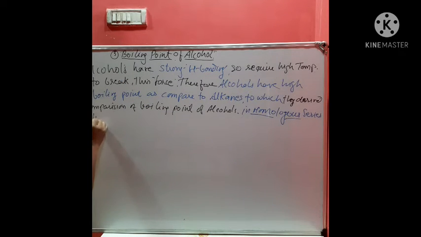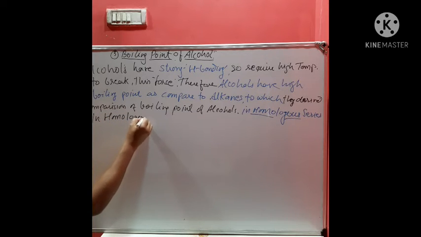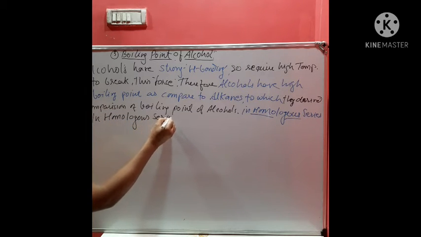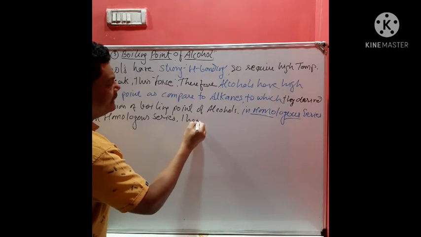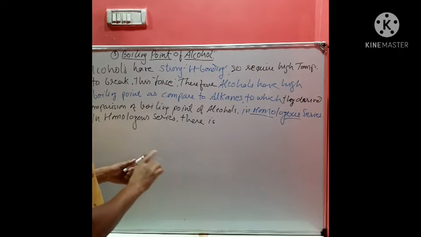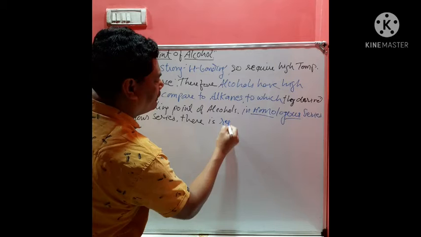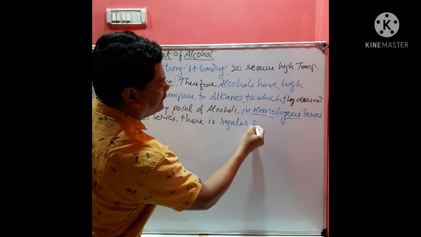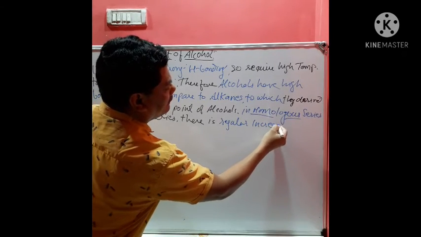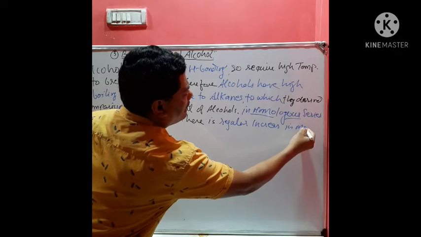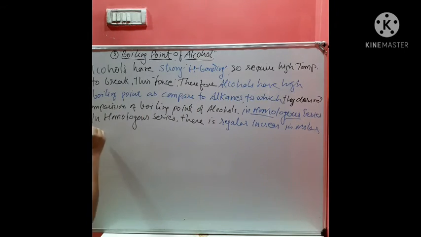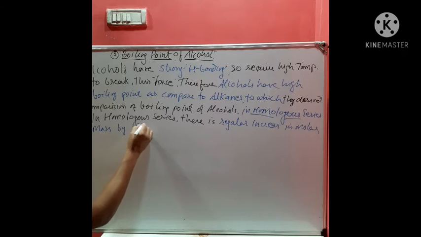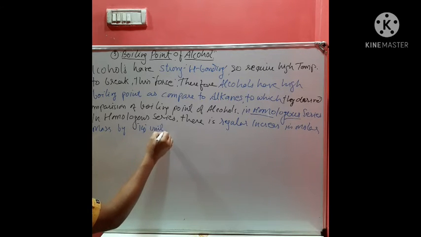Okay, so in homologous series, there is a regular increase in molar mass by 14 units.